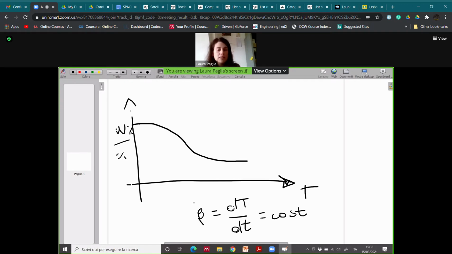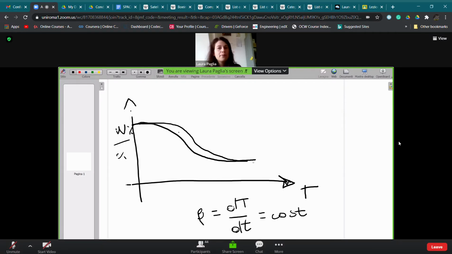If I choose another heating rate, a faster heating rate, I will have a curve very similar to this one, but with a different shape.